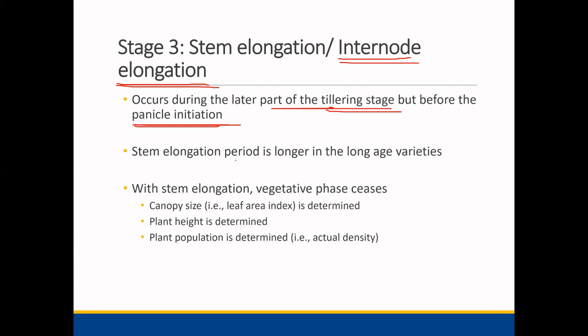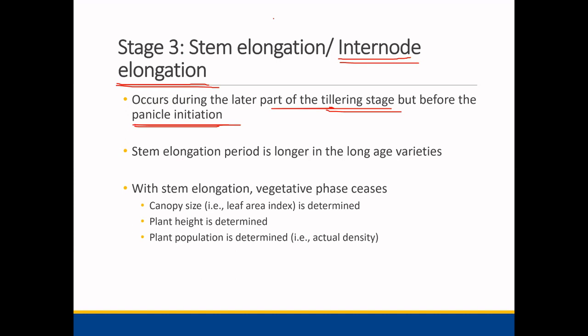So this stem elongation period is longer in long duration varieties. That is very important, you should know. I said that the long duration varieties will have a longer vegetative period, because the reproductive and ripening stages are kind of fixed, totally around 65 days. The vegetative phase is the one that varies.